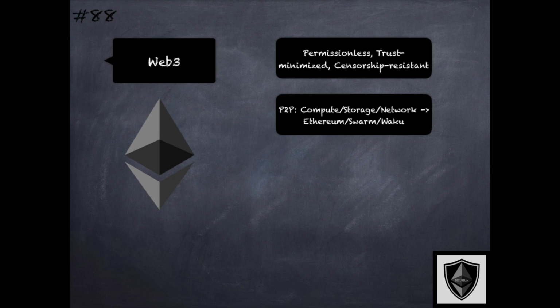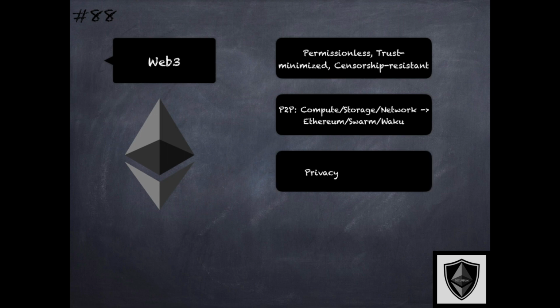And in the case of Ethereum, it's really the triad of Ethereum, Swarm, and Waku that are addressing the peer-to-peer components at an architectural level. Privacy and anonymity are again very big motivating factors in Web3, and that really have a huge implication on how we think about security in this space and how we can actually conceive implementing various security measures in this space.